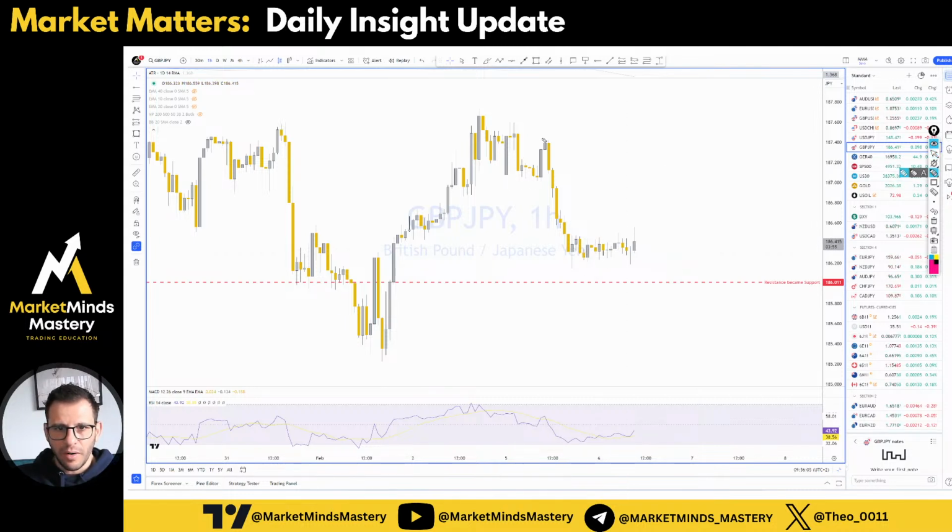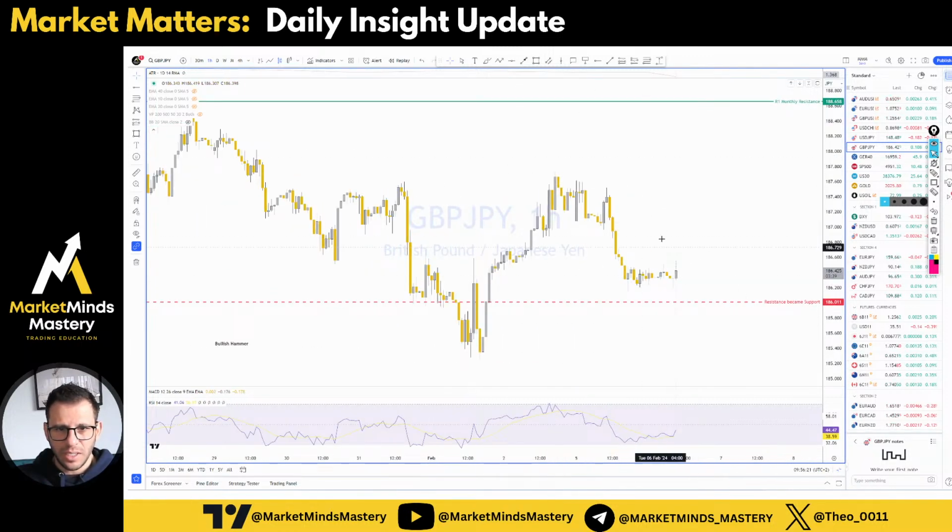This move here and this move here show that the sellers are still in control. So a break to the downside is going to be more favorable on this one. Again, it's a bit aggressive because the market is not in a clear downtrend.